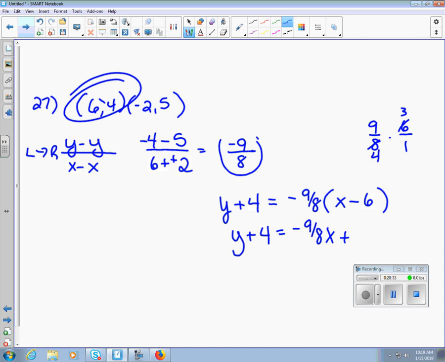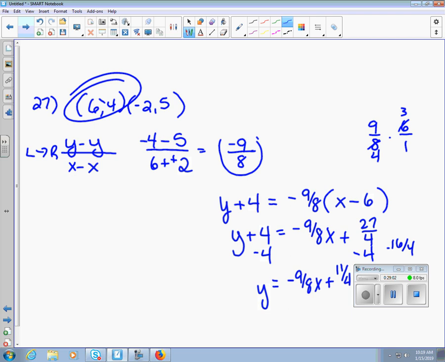Okay, so I'm going to have 27/4. And then I'm going to subtract 4. So y equals -9/8 x. This is really 16/4. So 27/4 minus 16/4 would be a positive 11/4. And that is the right answer. So that's how you do that one.